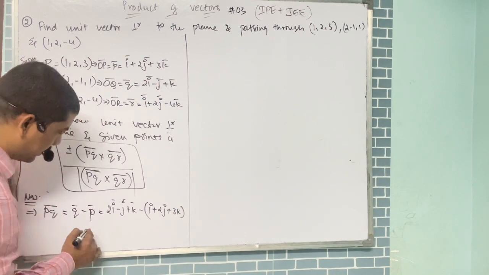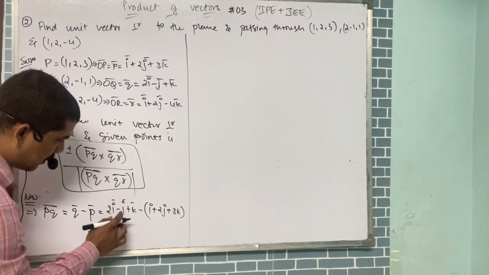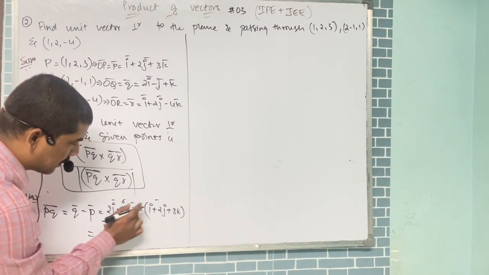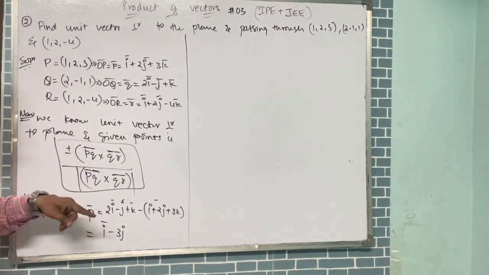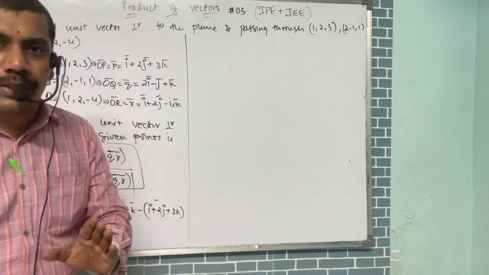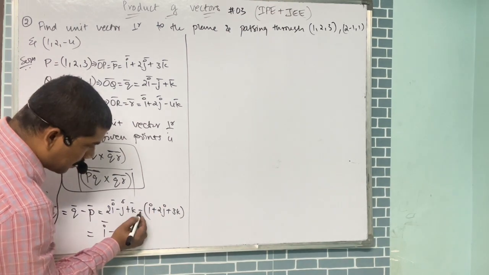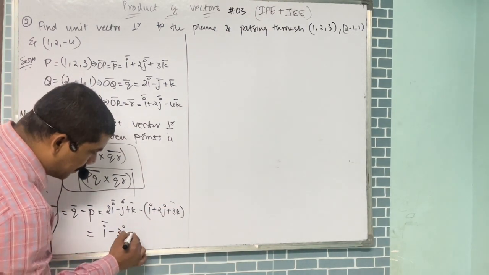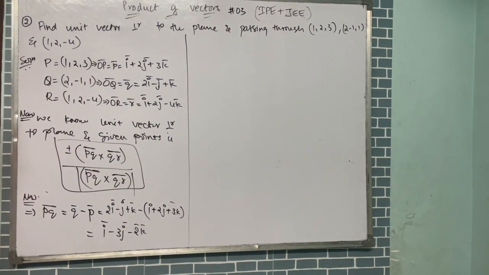I am doing it directly here: 2i minus i is i, minus j minus 2j is minus 3j, plus k minus 3k is minus 2k. This is PQ.